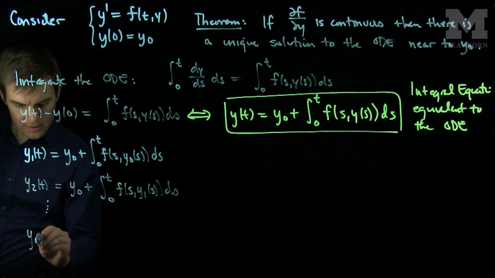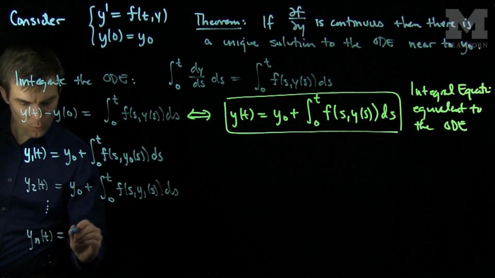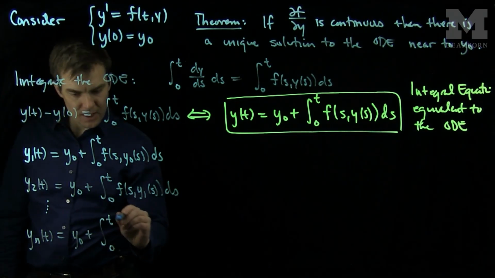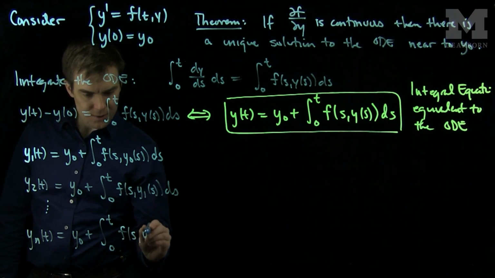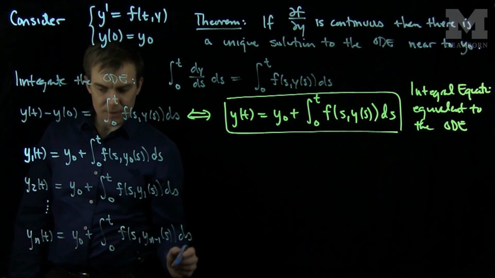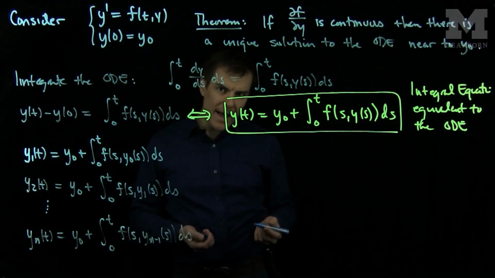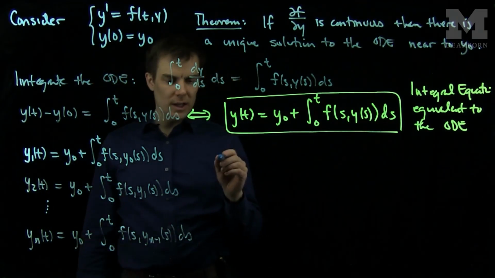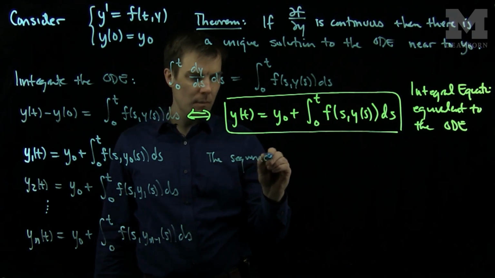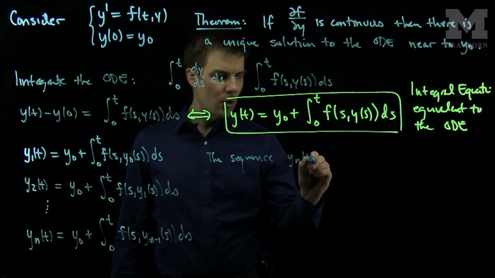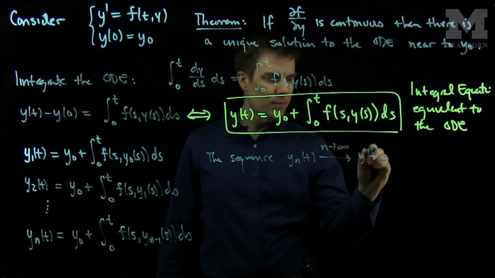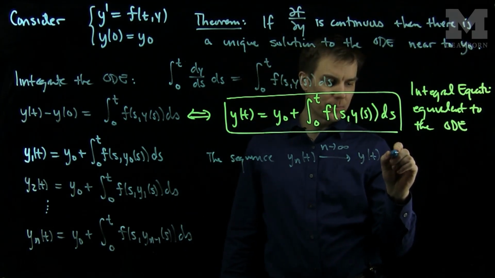And then yn of t will be y0 plus the integral from 0 to t of f of s, y n minus 1 of s ds. And the sequence yn will converge to the solution of the ODE. The sequence yn of t will converge as n goes to infinity to a function y of t, which is the solution of the ODE.